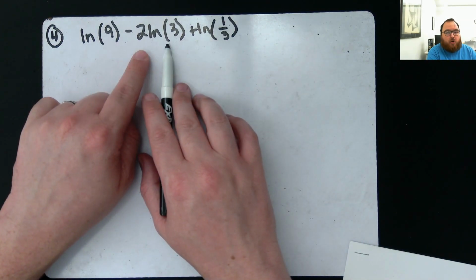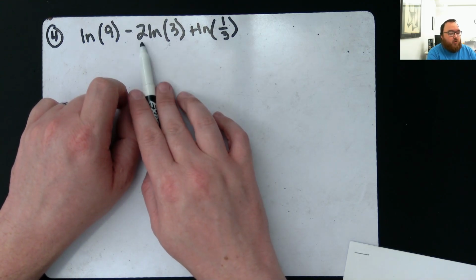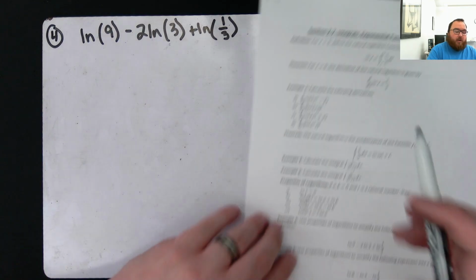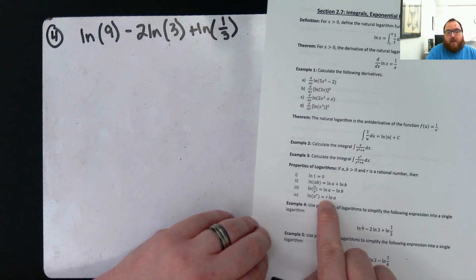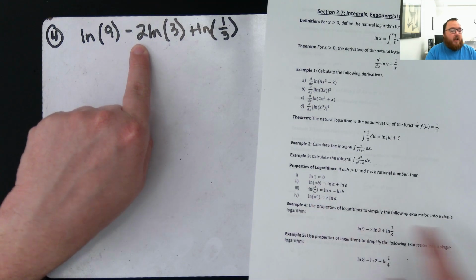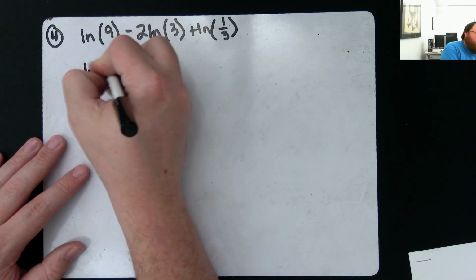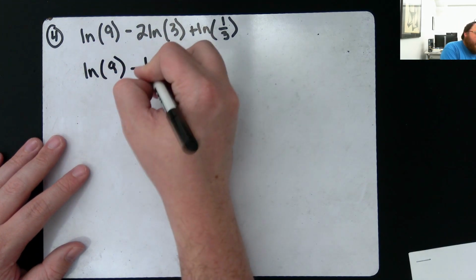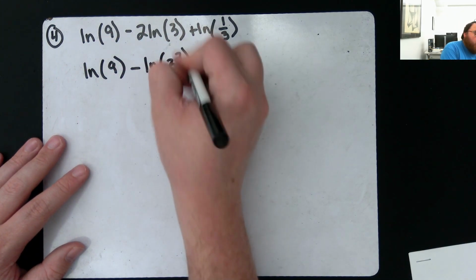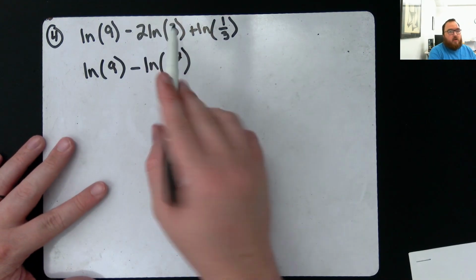But with this next term, I have a 2 out front, right? Remember that having a number out front means I could bring it in as the power, right? So this 2 out front, I can make it the power. So this will become natural log of 3 squared. Again, because I can bring my 2 up to be the power.